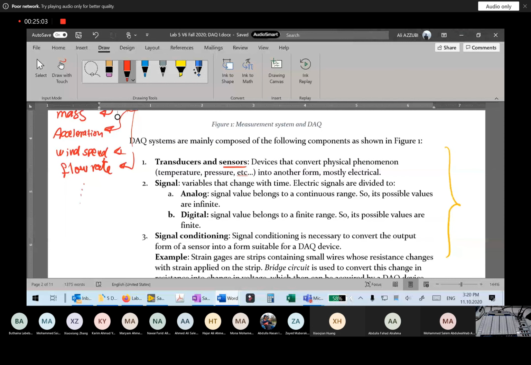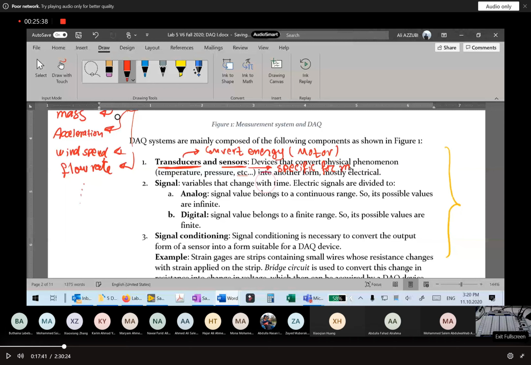Now one thing, this literature is very useful. The difference between sensors and transducers. In general, transducers convert energy, and they don't have to be for measurement. An example is a motor. A motor is considered a transducer, while sensors are specific for measurements.